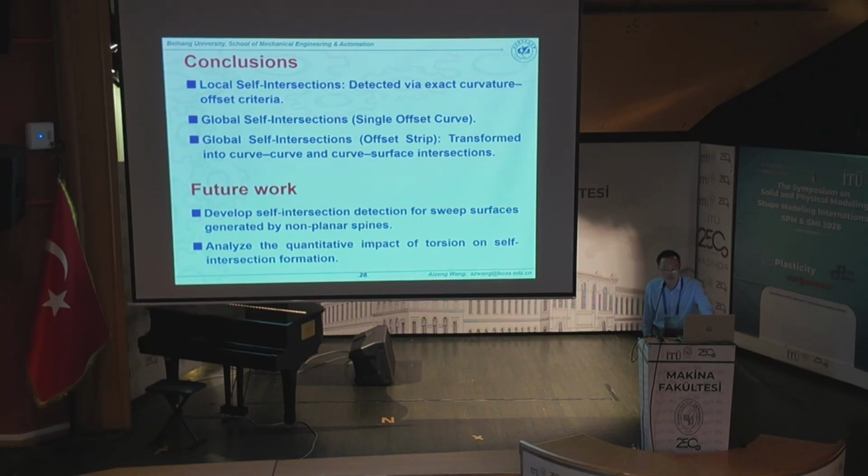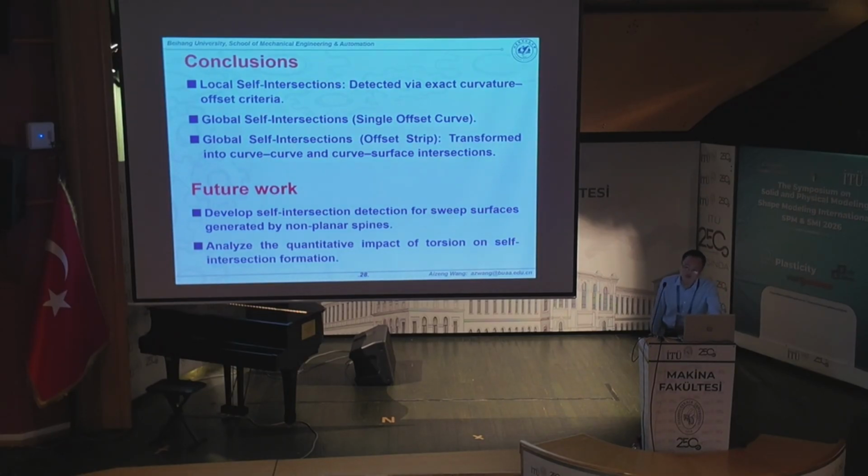Also, our algorithm is mainly applied to planar splines. The proposed solution framework can be extended to the detection of sweep surface self-intersection for spatial splines. In the future of this plan, we are obtaining tailored equations and analyzing the gap.